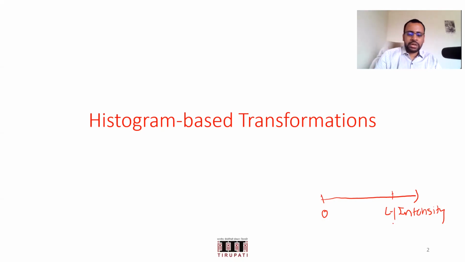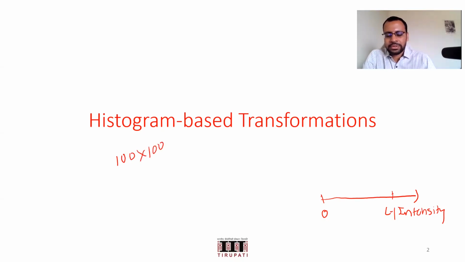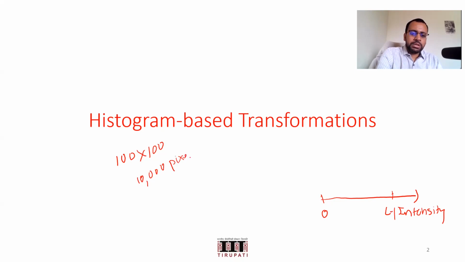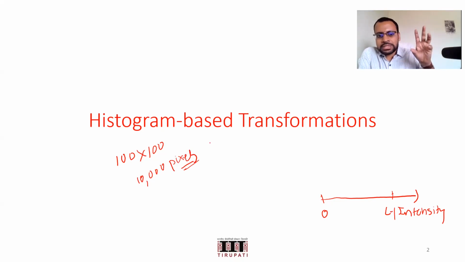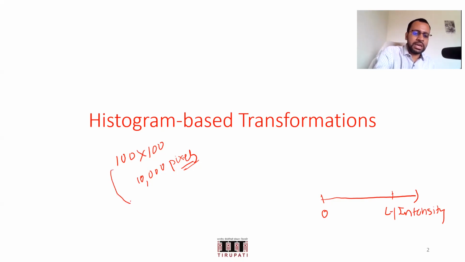Let's say I have an image of, for the sake of simplicity, 100 by 100 size. That means I have 10,000 pixels, right? I'm going to visualize the summary of intensities of these 10,000 pixels. Assume that I'm using 8 bits to store this, so this L minus 1 is now 255.